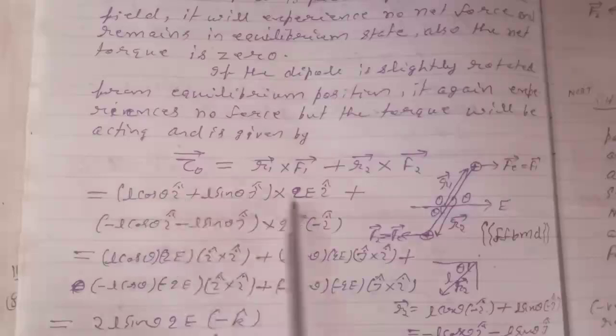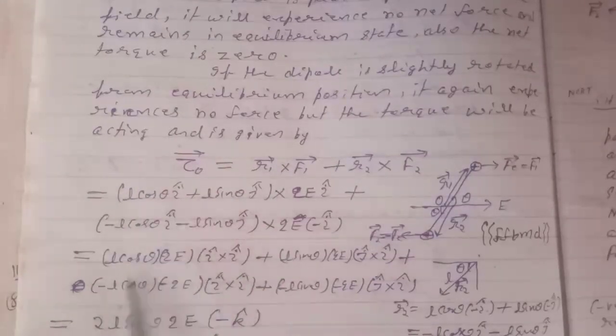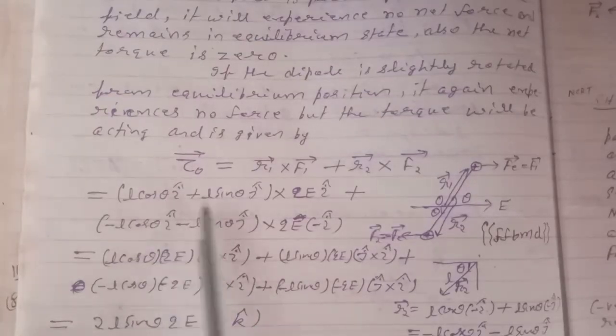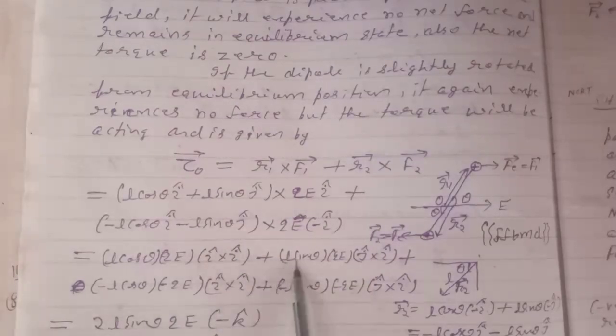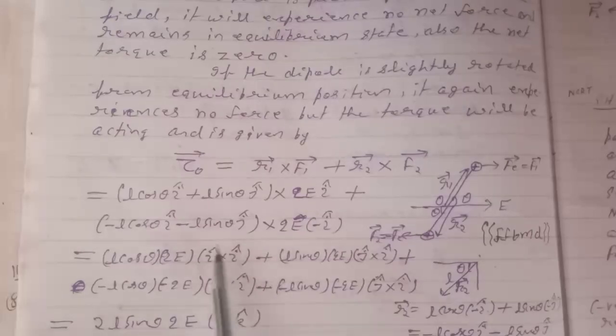First multiply the cross product of this and this. L cos theta QE i cross i, and L sin theta QE j cross i, plus, again, minus L cos theta into minus QE i cross i, and minus L sin theta into minus QE j cross i.